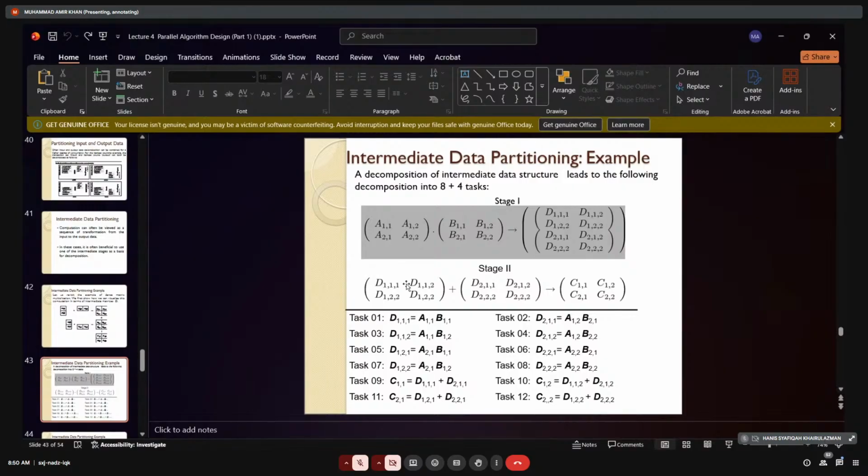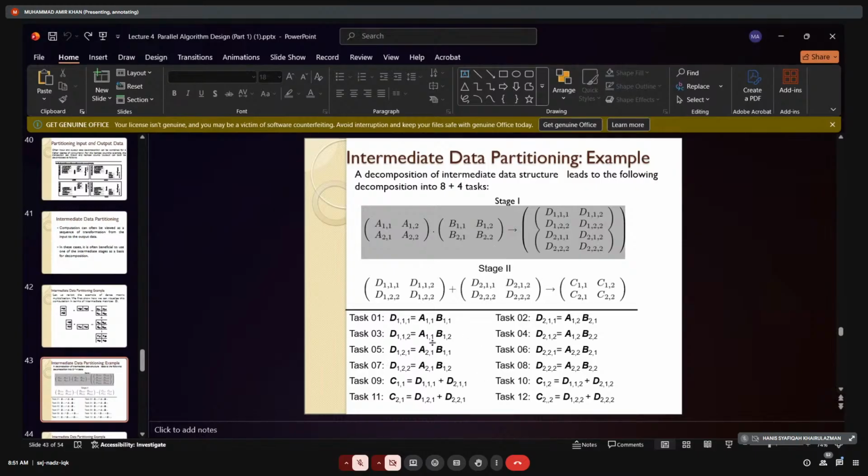Here we can multiply in such a way that this is multiplication and this is addition actually. Stage 1 is multiplication. Stage 2 is the addition of the matrices. So we get 8 values, and then with the addition we get 4 values. So how can we do this task as 8 plus 4?